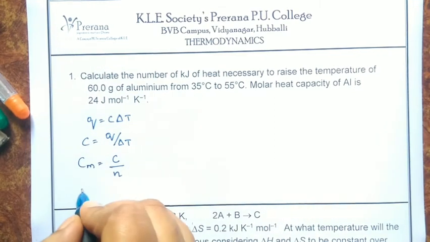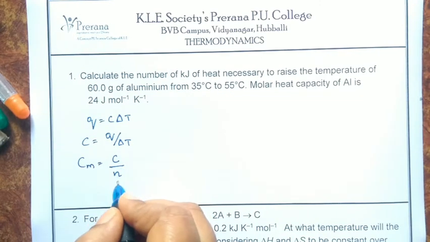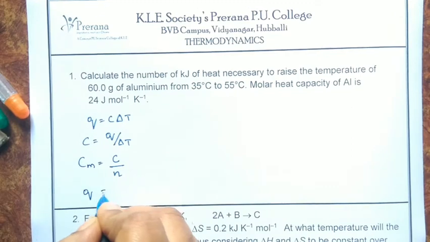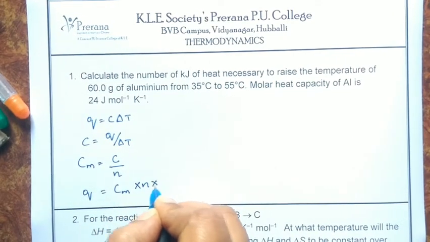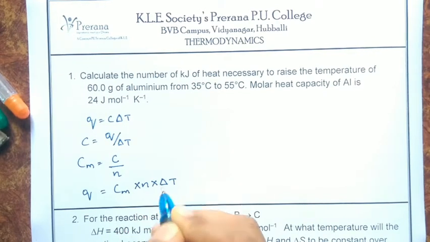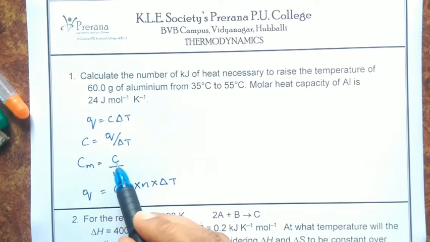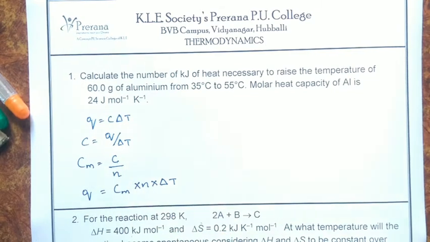If heat capacity is substituted in this and you solve for heat, then it becomes Q is equal to molar heat capacity into number of moles into change in temperature. Substitute C as Q by delta T, then solve for Q. Clear? Now we need to calculate the number of moles here.